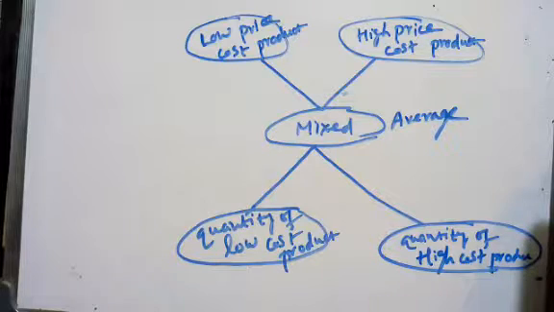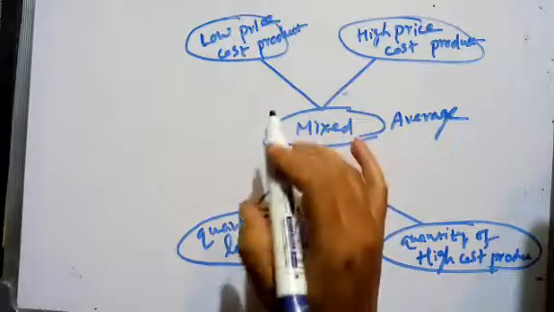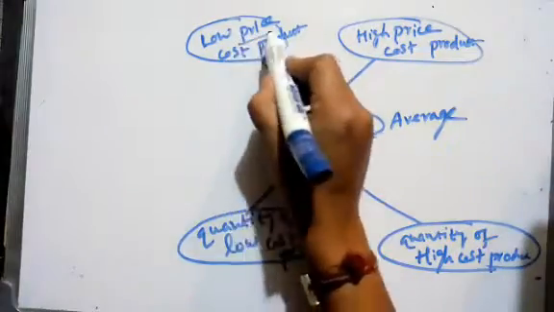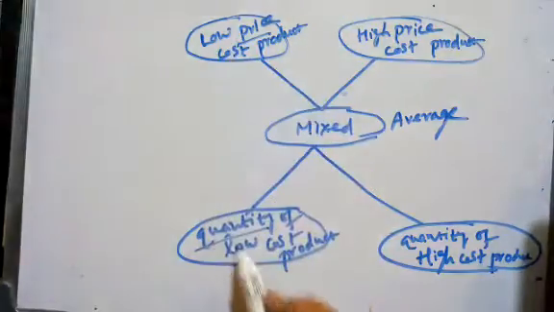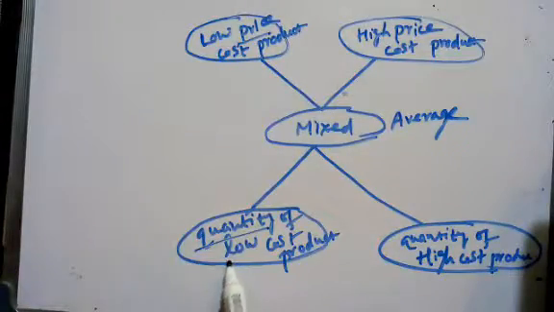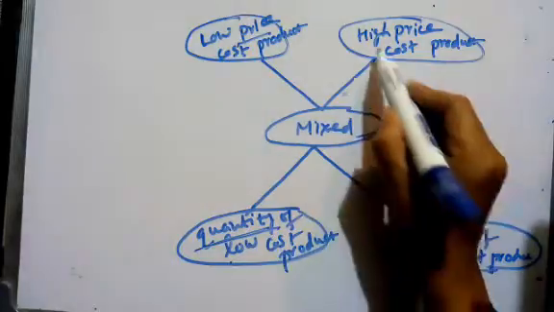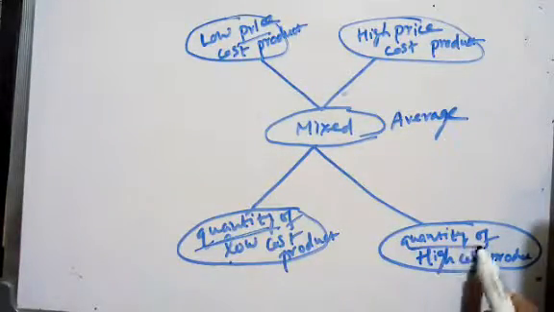So in this alligation table, price is converted into quantity: low price converts into quantity of low cost product, and high price converts into quantity of high cost product. Clear?